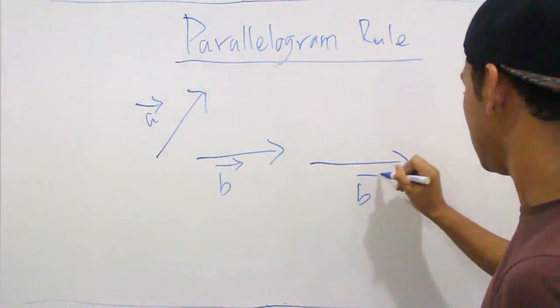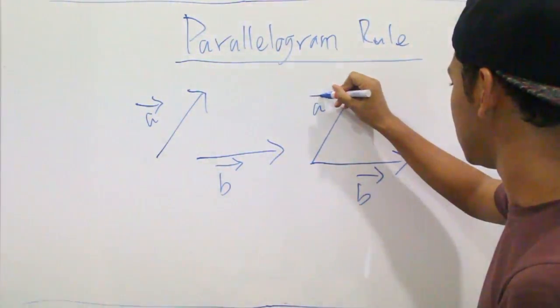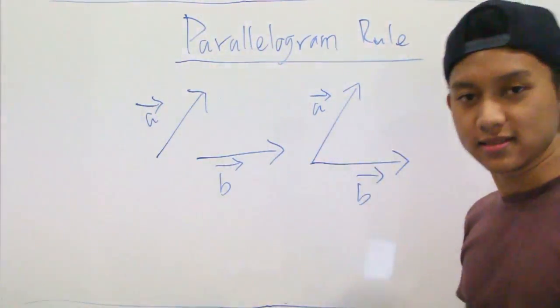This is vector B, and this is vector A, with their tails at the same point.